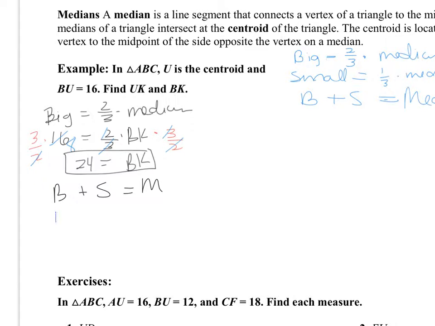The big piece was 16. I still want to know what that small piece is, which is UK. So I'll put UK there. And the median we found was 24. So all I do is subtract 16 from both sides, and I should get 8. So the median is 24, and the small portion is 8.